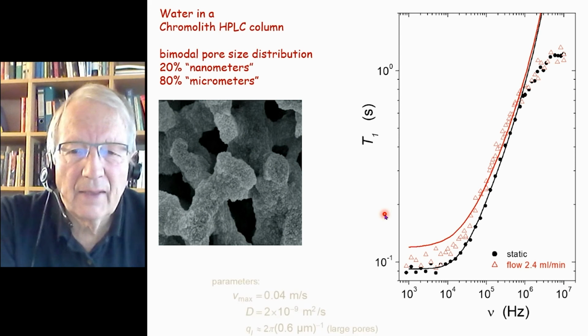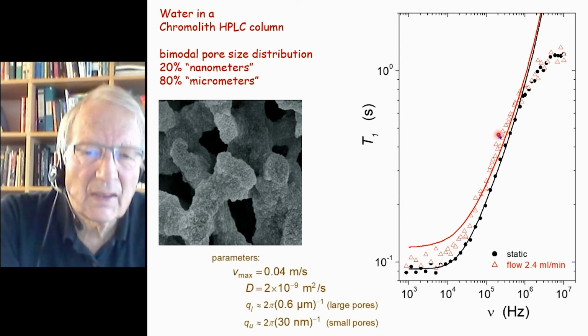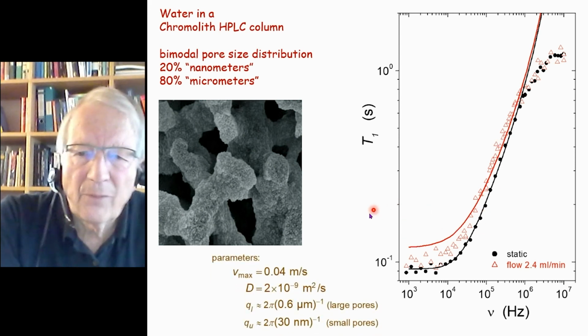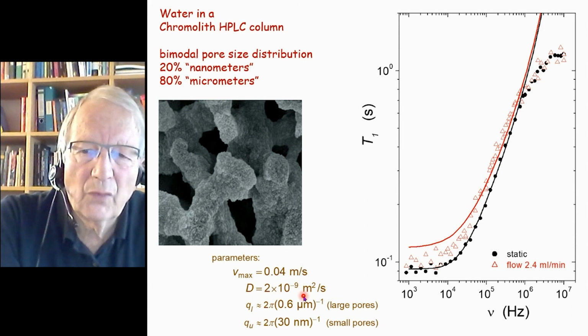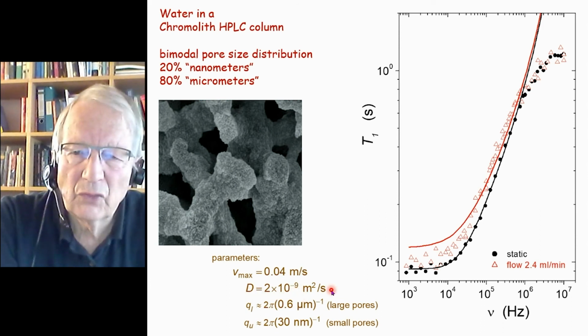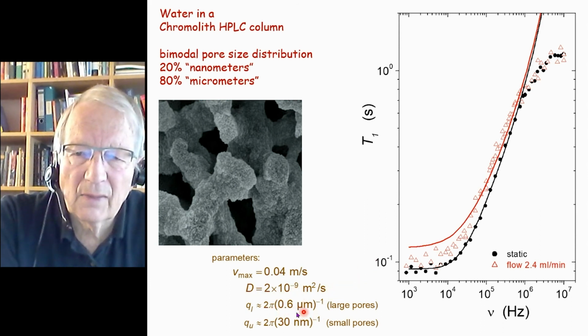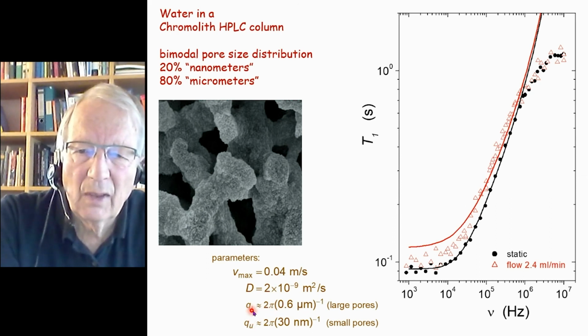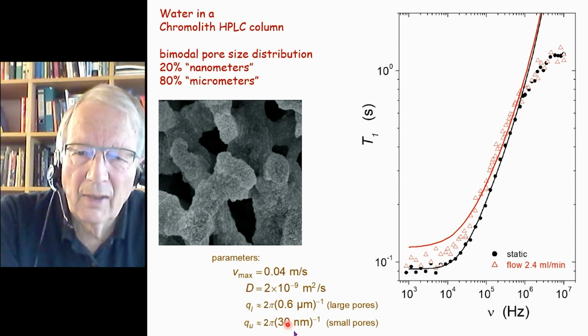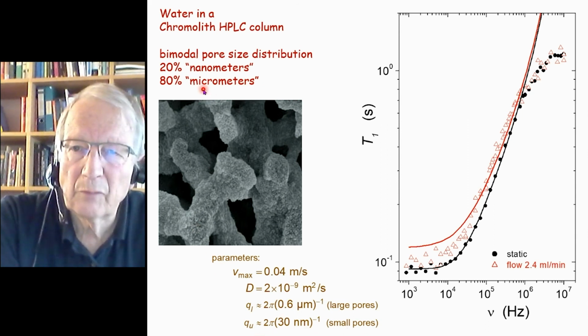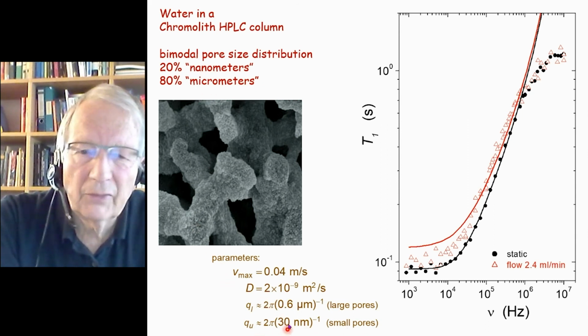Now, we can describe this. The solid lines are calculated for a maximum velocity of 0.04 meters per second, the usual water diffusion coefficient, and limits of the wave numbers: the lower one given by the large pores, we expect this value, and for the small pores this value.